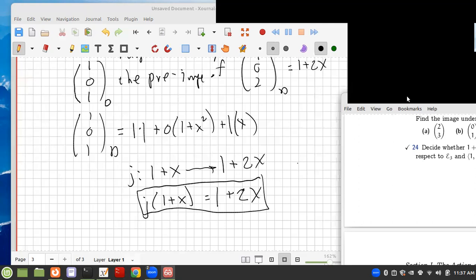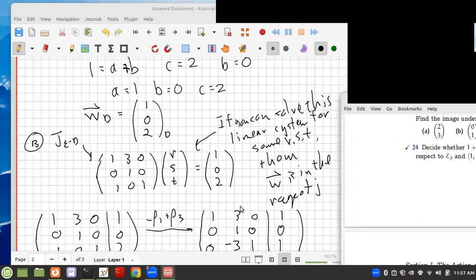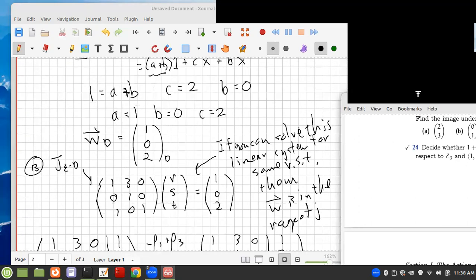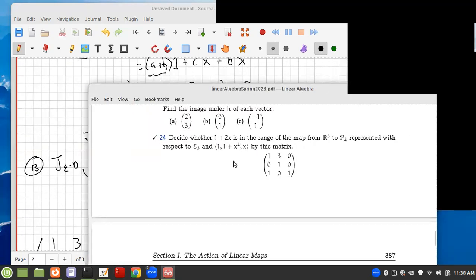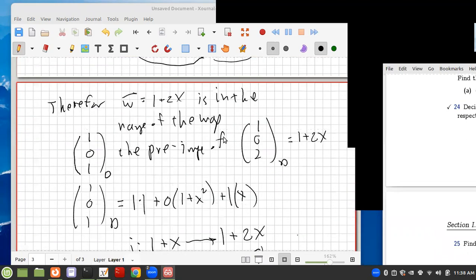Right. But the problem is posed as J mapping a vector in R3 to. Oh, yes. So you're right. Okay, so I jumped the gun.